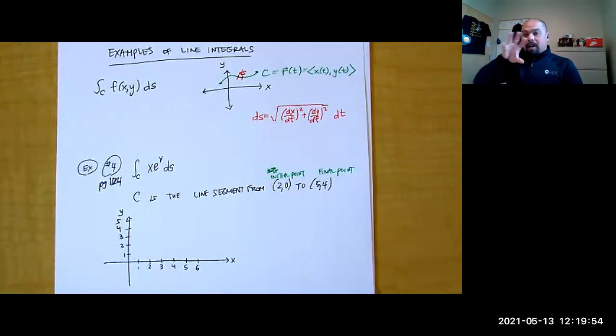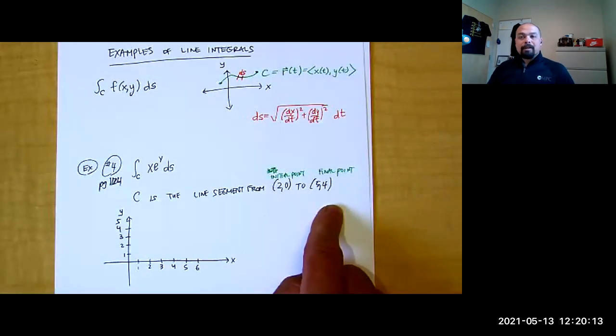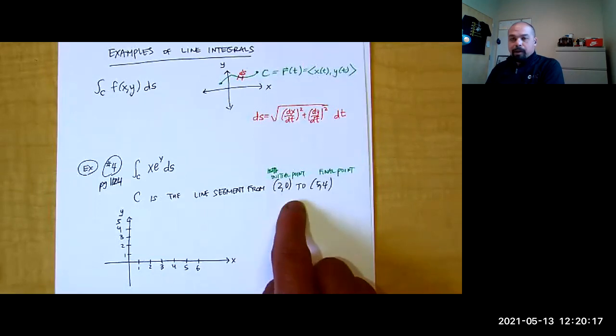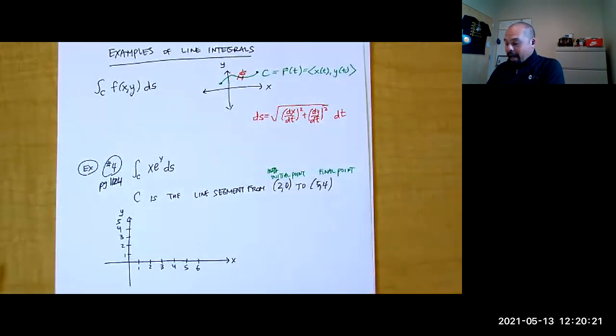The direction that we're traversing that path is going to play a role in the final calculated result. If we walk that path, that curve C, backwards, the final integral is going to have the opposite sign because we're going the opposite direction. So we have to think about the orientation, how we're traversing that path.